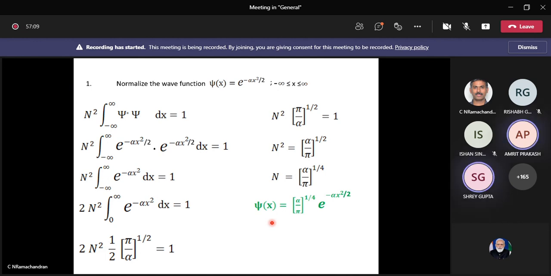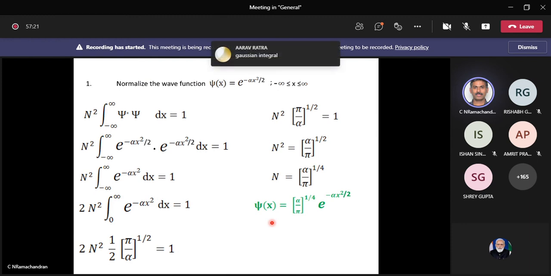Yes, that is why I'm using this normalization part also, because there are certain conditions for a wave function to be an acceptable wave function. So in that case you will have to use a normalization constant. So this is a technique for whatever we will be doing later.